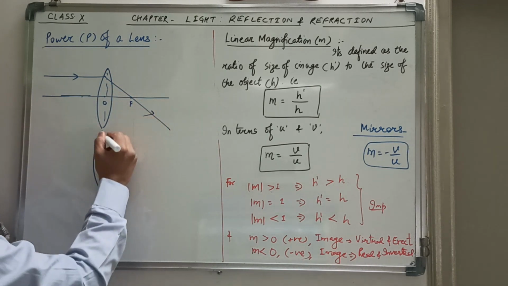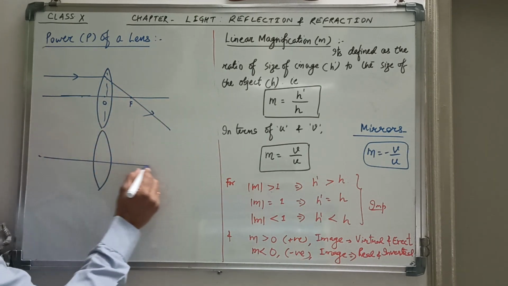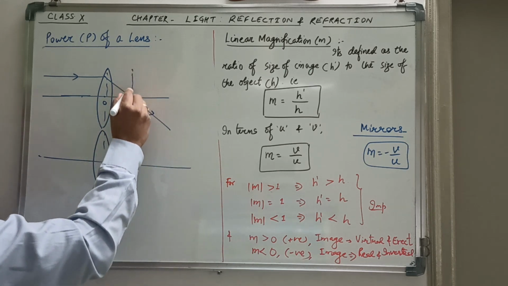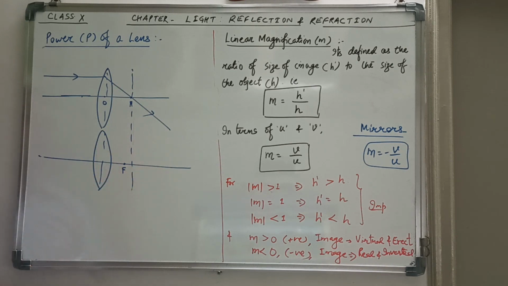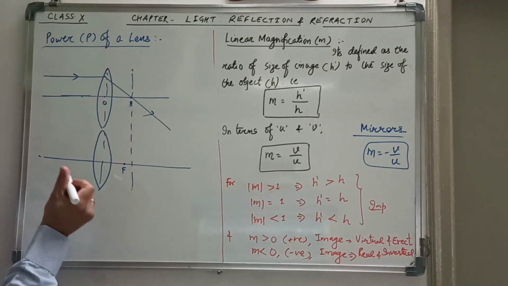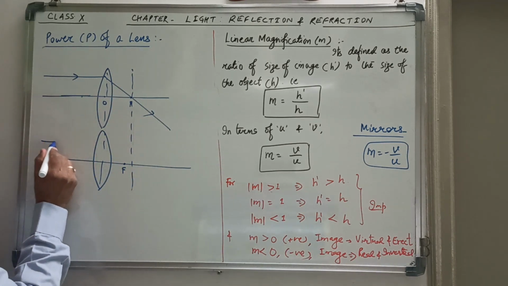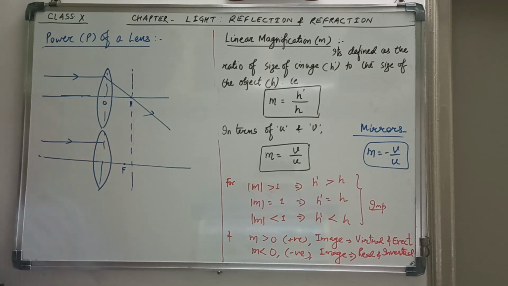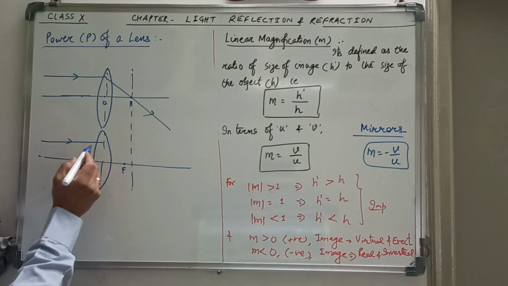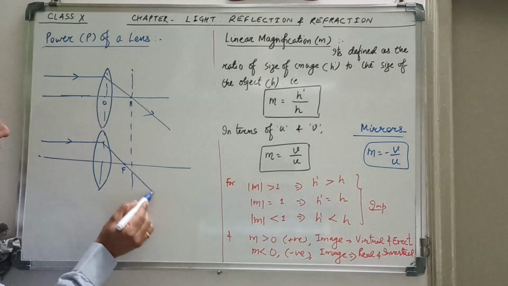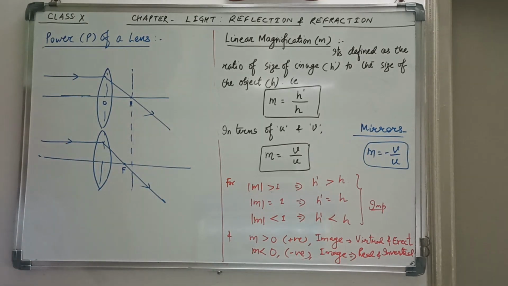Similarly, I take another lens here and let the focus of the lens not be at this point now. Suppose the focus is now here, correct? Once again, this light ray now falls on this lens with a different focal length. The focal length of this and the focal length of this are different. Then the rule remains same. The light ray will again pass through the focus of this lens here, correct?